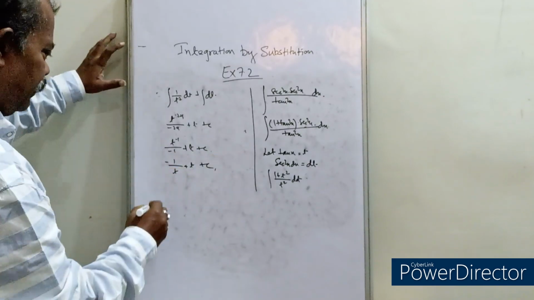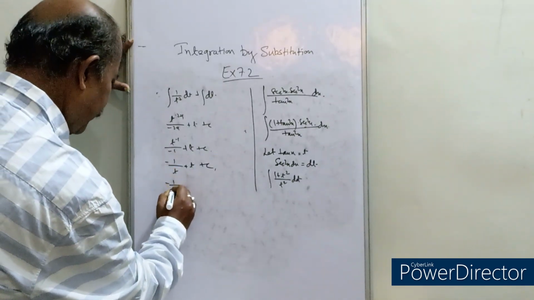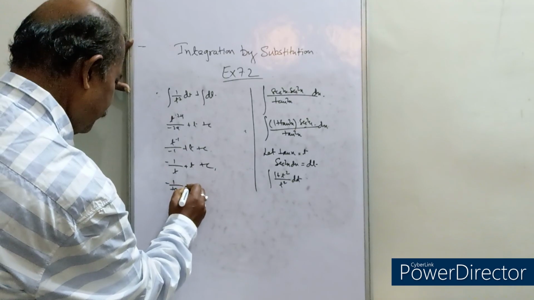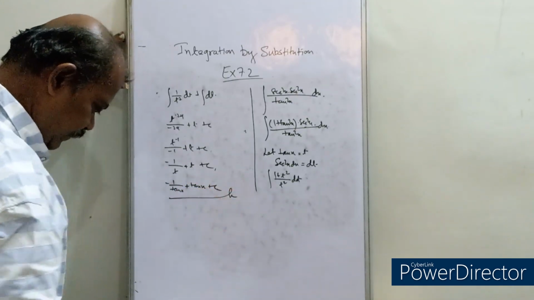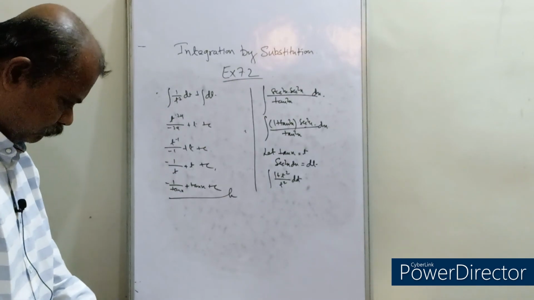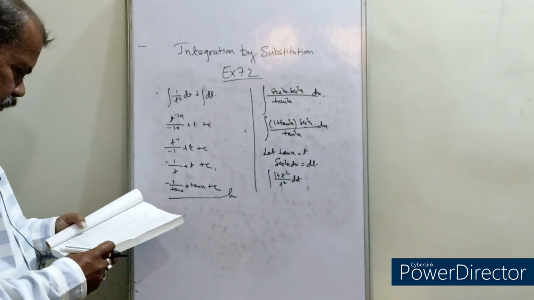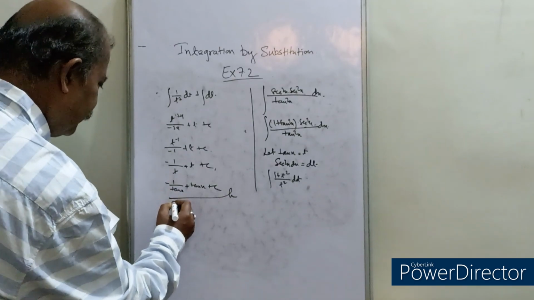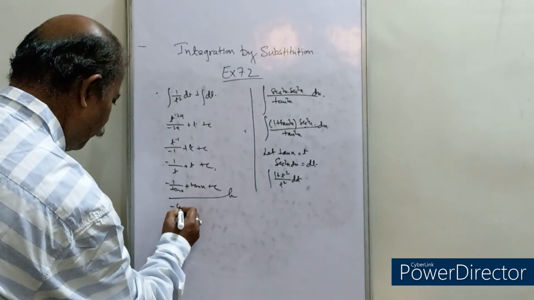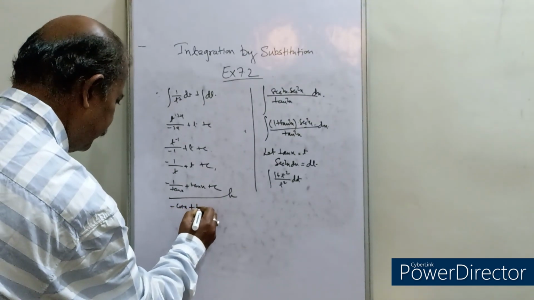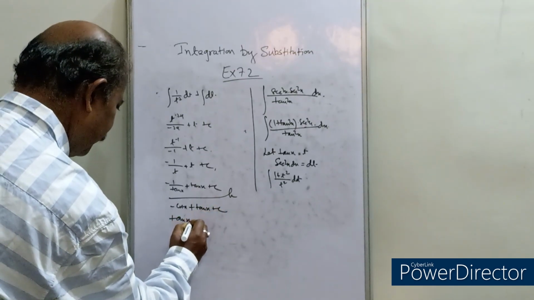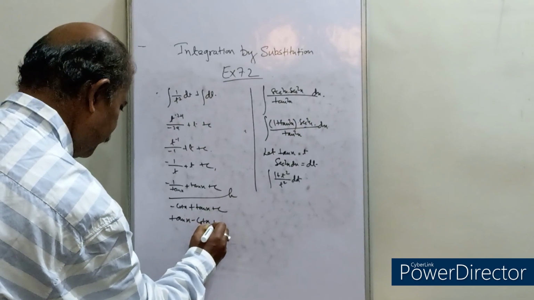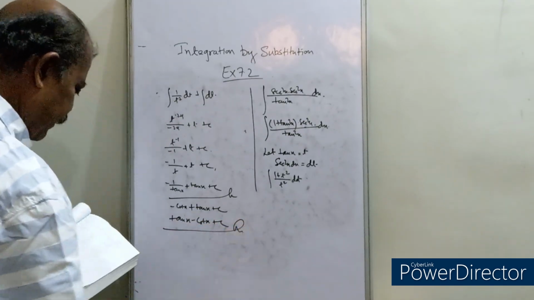What I have supposed is tan x, so -1/tan x + tan x + c. So this is your answer. You can write 1/tan x as cot x, so -cot x + tan x + c. You can also write it as tan x - cot x + c. So this is your answer.